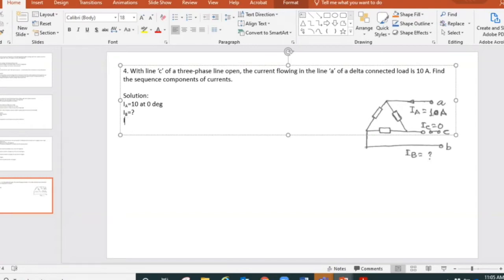Then IC is 0. Now, from a delta connection, we should know that IA plus IB plus IC is equal to 0. So from this equation, actually we can find out what is the value of IB.